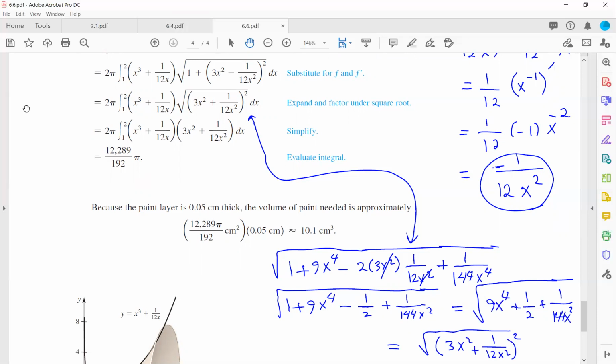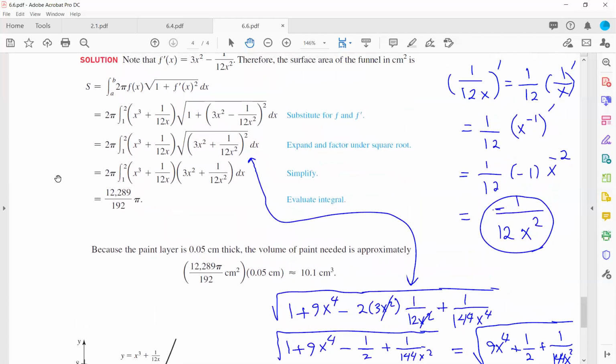Then you have to multiply this by the function itself, and you can write 2 pi outside the integral. Note that you have square root of exponent 2, so you can cancel out these two. Now you can distribute x to the third into parentheses, then you can distribute 1 over 12x into parentheses, plug in 2, then plug in 1, and you get your outcome, which is this ugly number here.